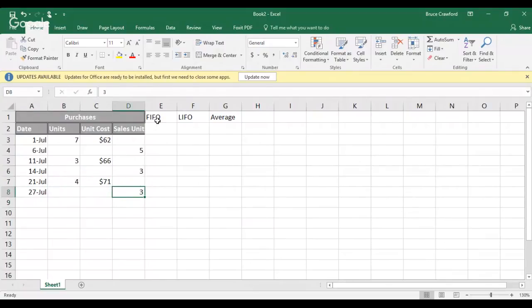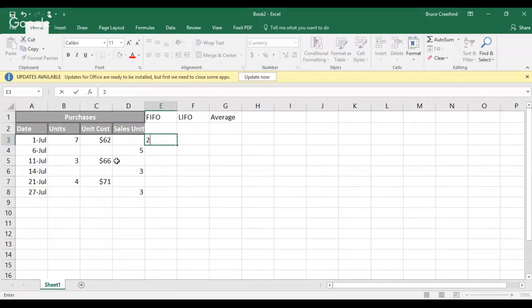So let's walk through this first with the first in, first out method. So they bought at $62, and then they sold 5 of them. So that left 2 units remaining at $62. So I'm just going to make notes in this column right here for a minute.